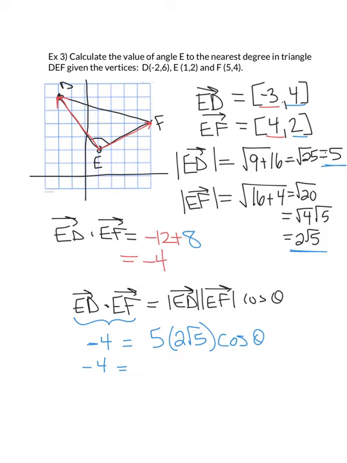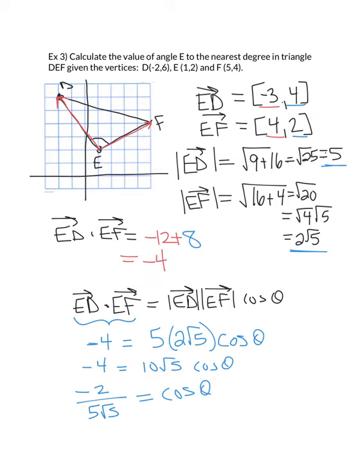So -4 equals 10√5 cos of theta. I'm going to divide by 10√5. So I'm going to get -2 over 5√5 equals cos of theta.